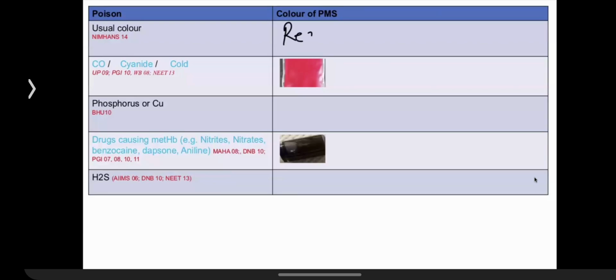Usual color is reddish purple, or rather, purplish red. Then C for carbon monoxide, C for cyanide, C for cold. There the color is cherry red.